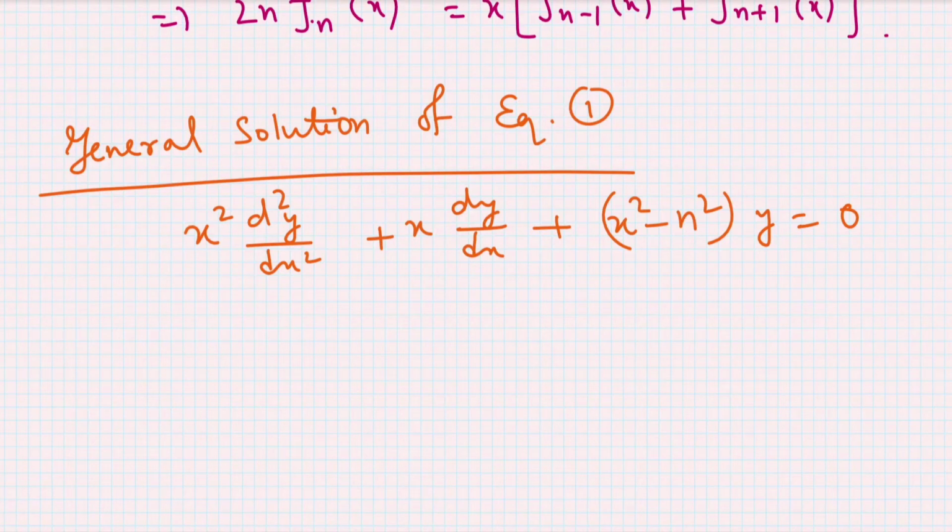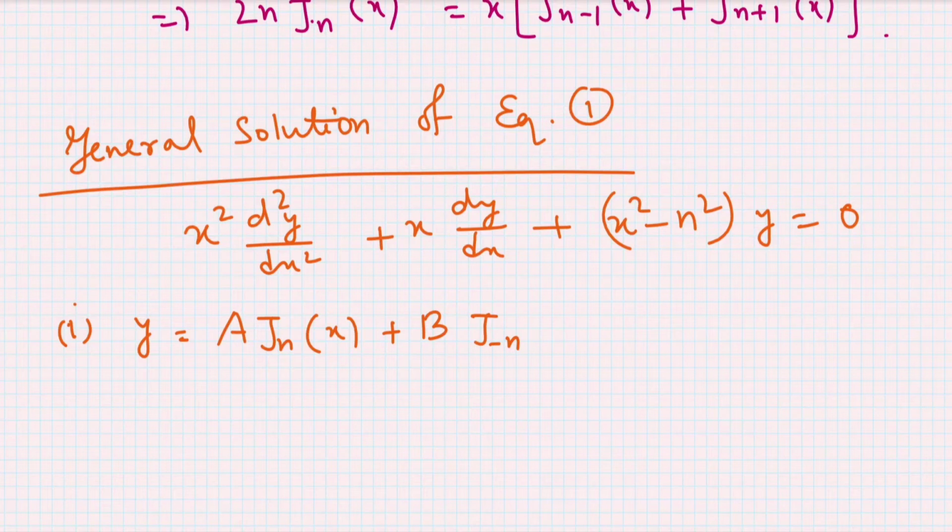So in form of Bessel's function, the general solution is number 1, y equal to A J n x, where A is constant, plus B J of minus n x, when n is not an integer.